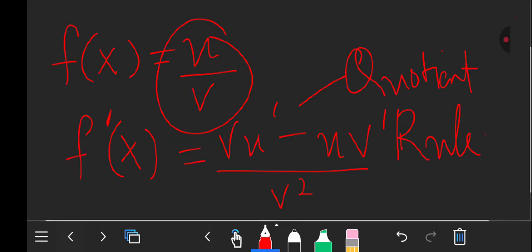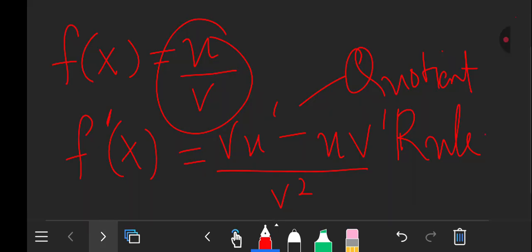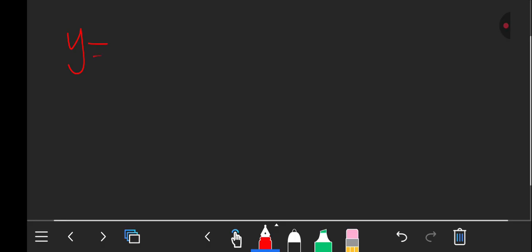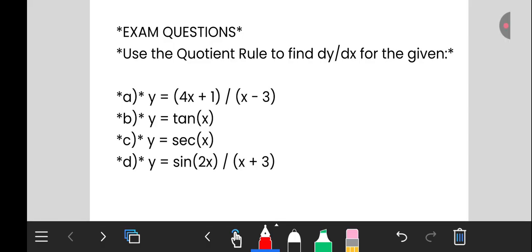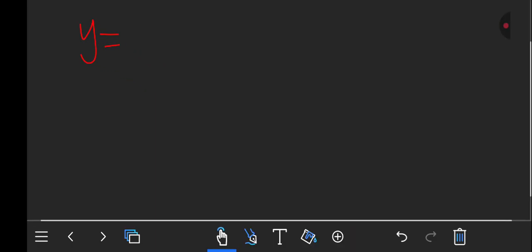Let's move on to the third question. y is equal to sec x. Find dy over dx. So our next question is y is equal to sec x.